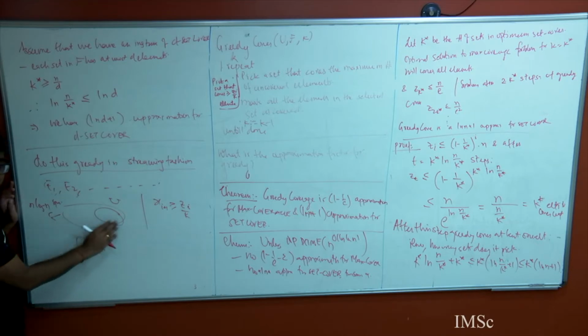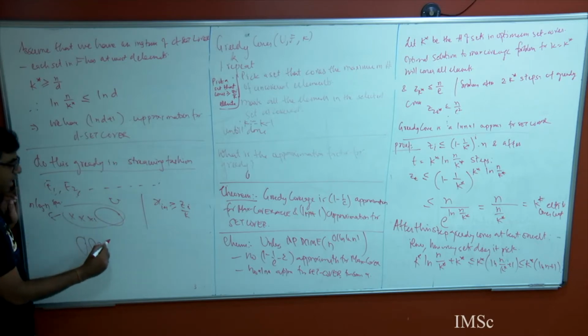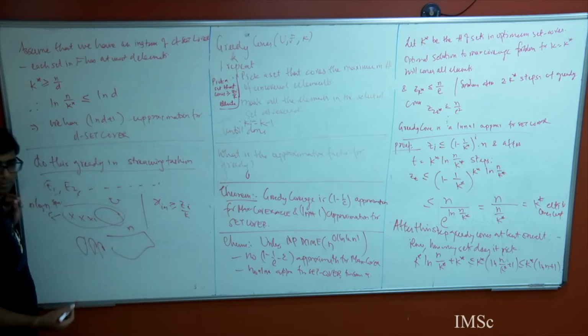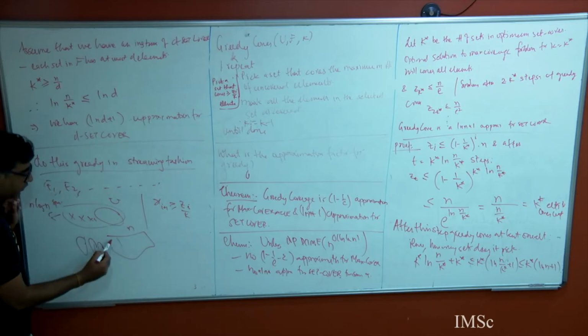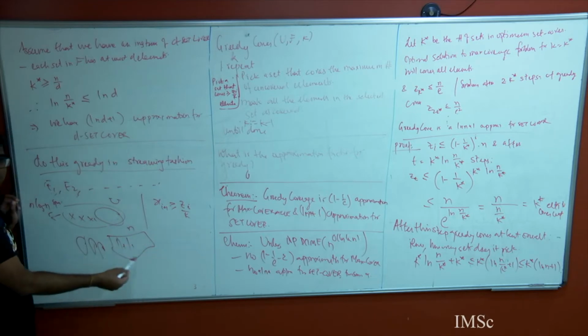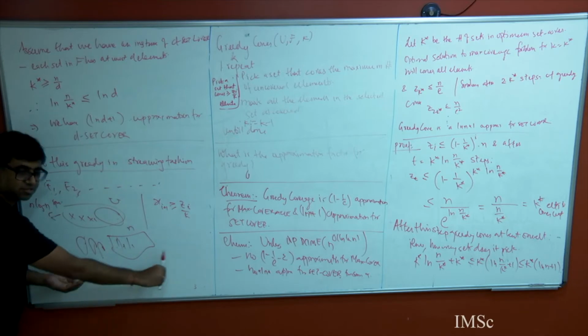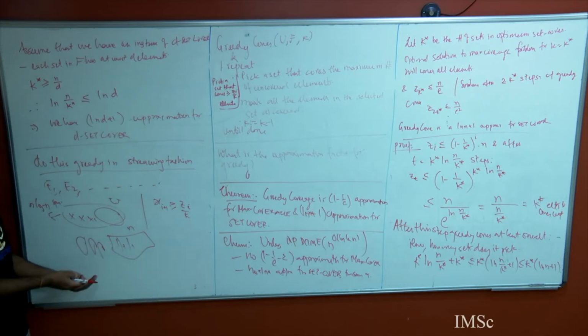Because what? I keep this universe, and whichever element is covered, I just cross that. Like I keep a Boolean vector of size n, and if it is covered, I make it 1. So if any new set comes, I can just run over it and see how many elements it covers. I look at the number of zero elements it has.